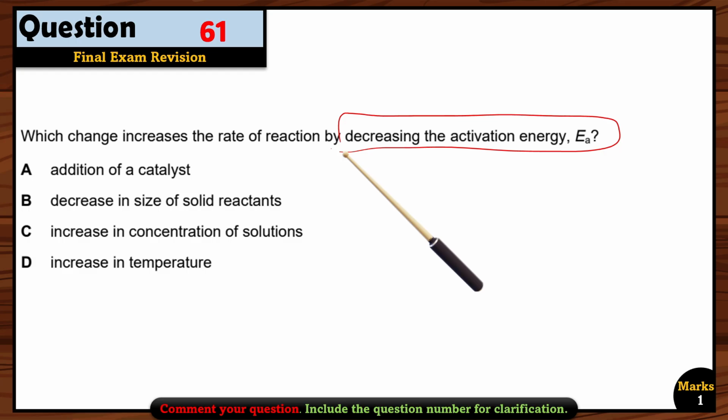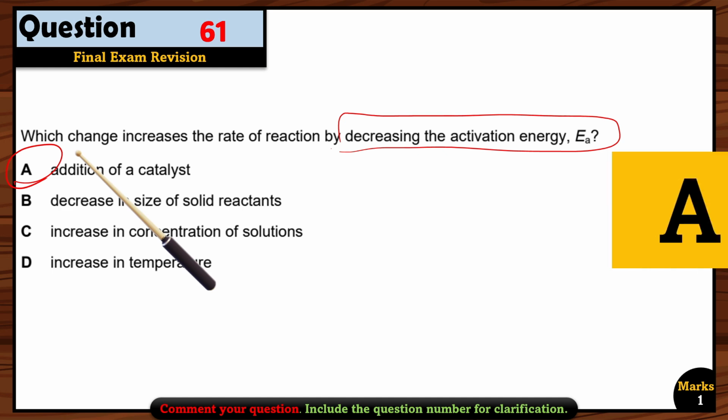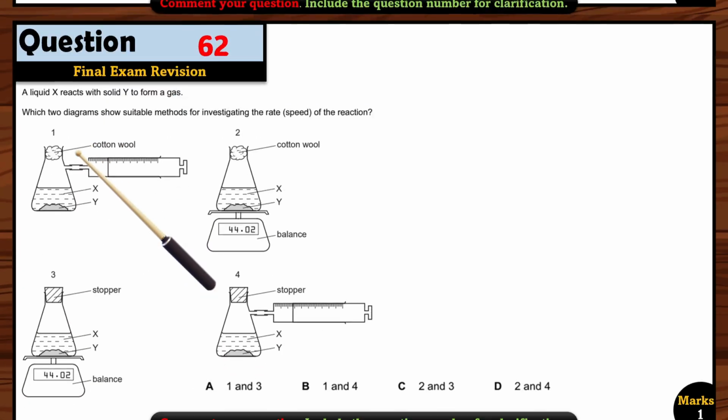Okay, so the reaction system now has lower activation energy because of adding a catalyst. So addition of a catalyst is the right option. If you see the word activation energy, decreasing activation energy we can only get through the addition of a catalyst. Okay, so you just have to choose the option of addition of a catalyst. That is option A. That is the right option.